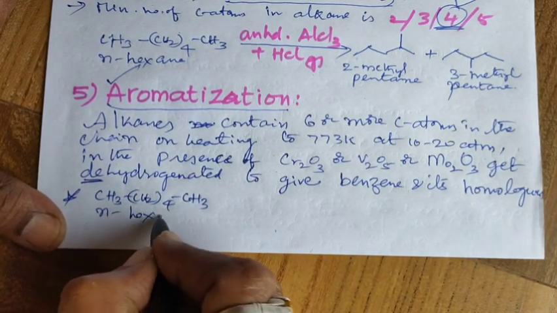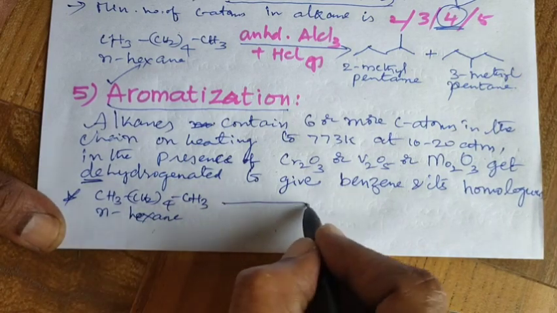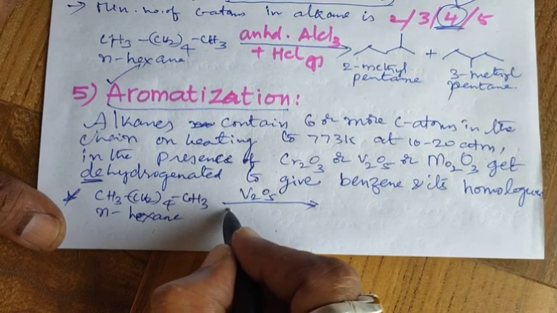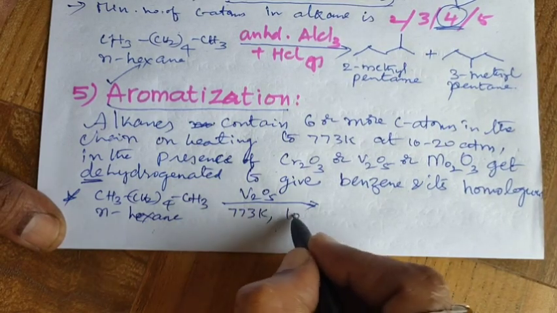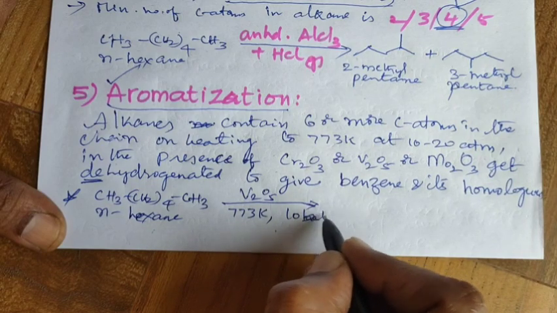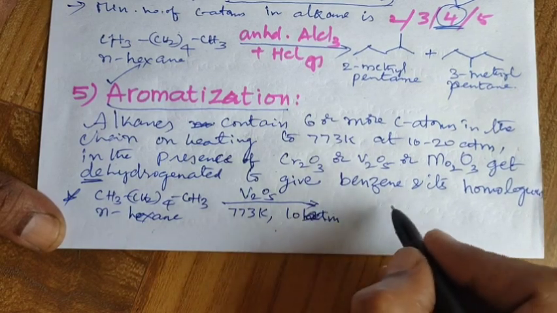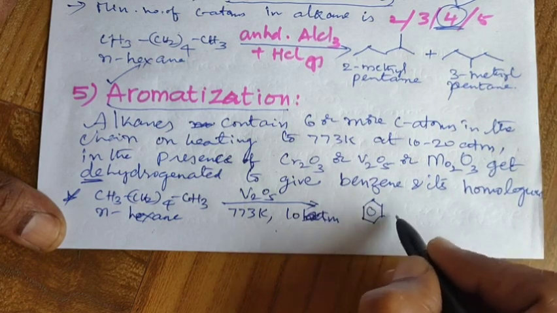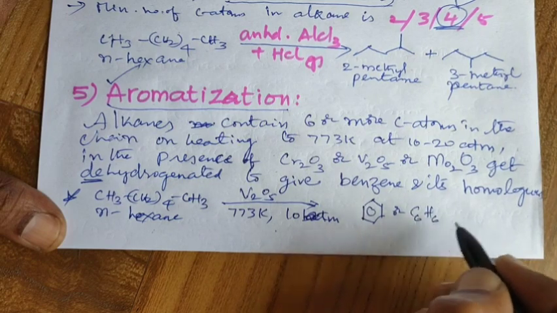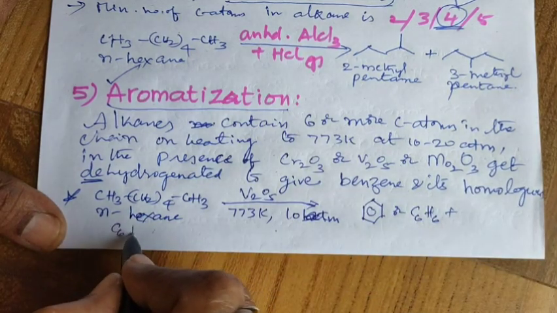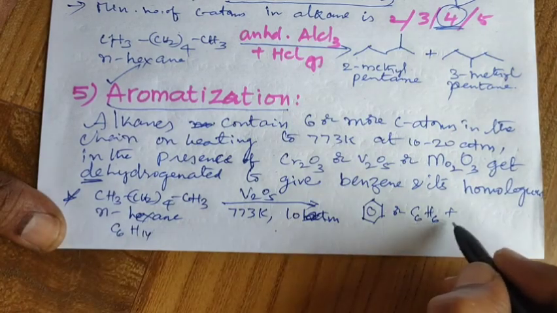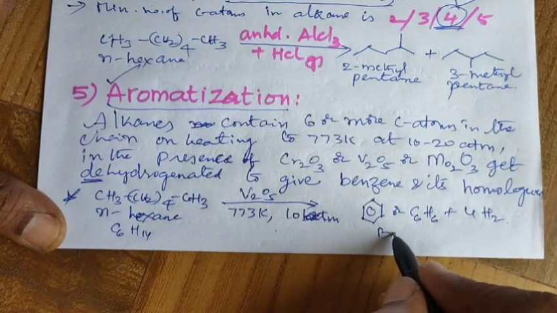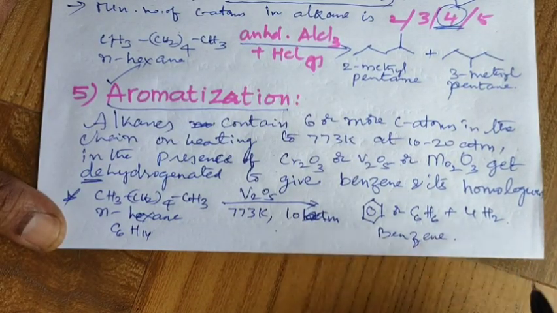It is n-hexane, unbranched one. n-Hexane is heated with V2O5 or some other one at 773 Kelvin and 10 atmospheres pressure. As what you observed, yes, you got benzene ring, nothing but C6H6. C6H14 becomes C6H6, 4 hydrogens are released. So this is benzene. Some other things will be taken as the next one.